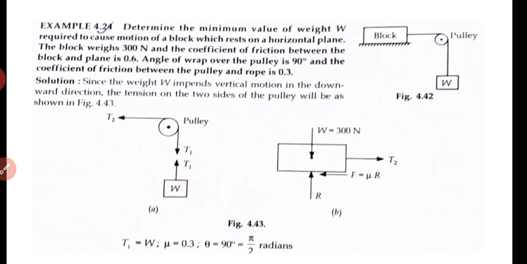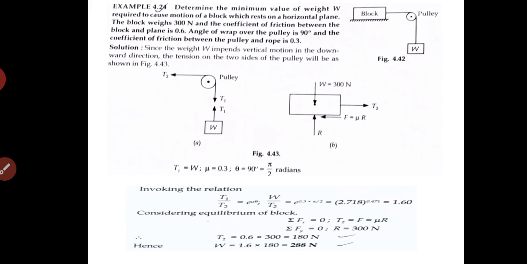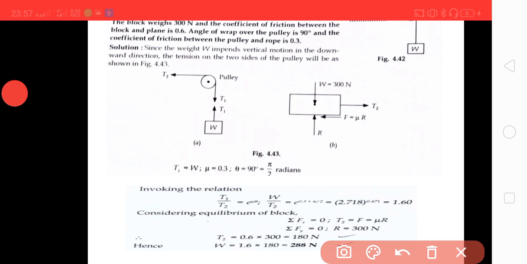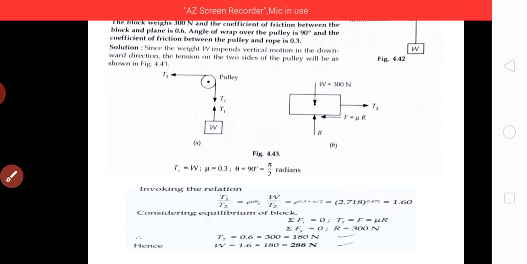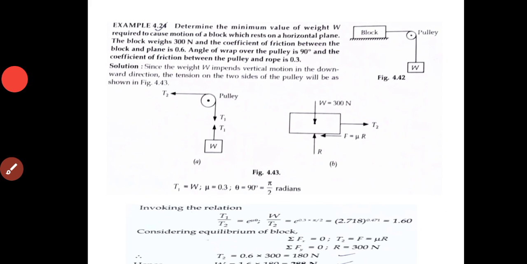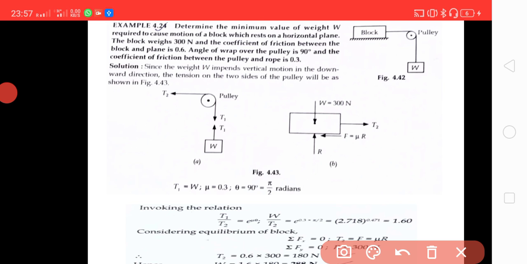Now, consider this case. This is also a very simple case. This is the block for which the coefficient of friction is given.